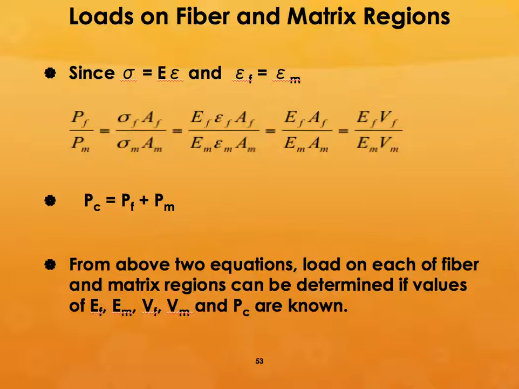From these above two equations, the load on each of the fiber and the matrix regions can be determined if the values of the elastic modulus of the fibers and the matrix, the volume fractions of the fibers and the matrix, and the load on the composite are known.